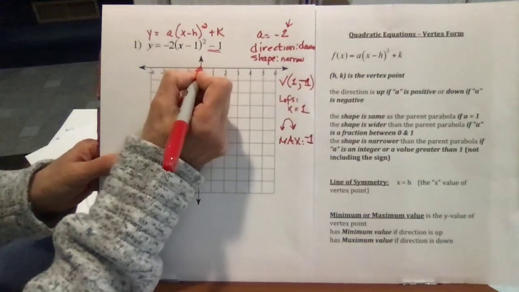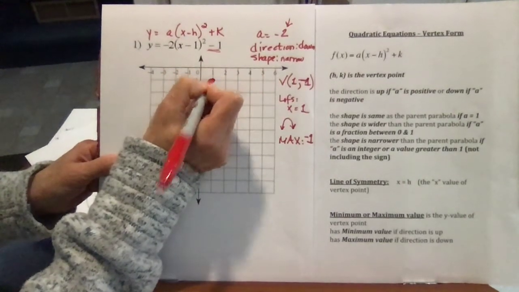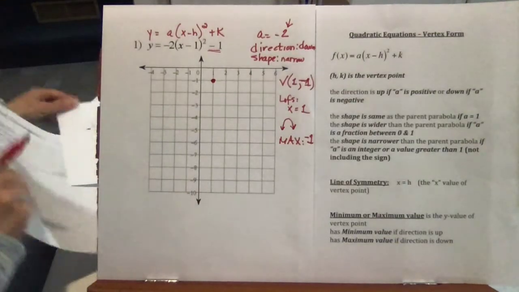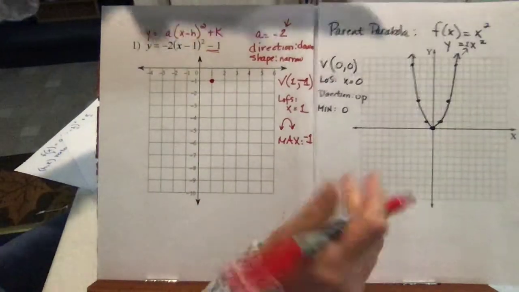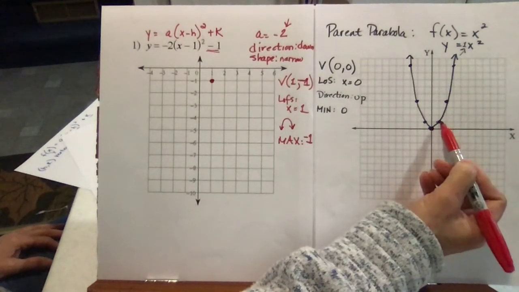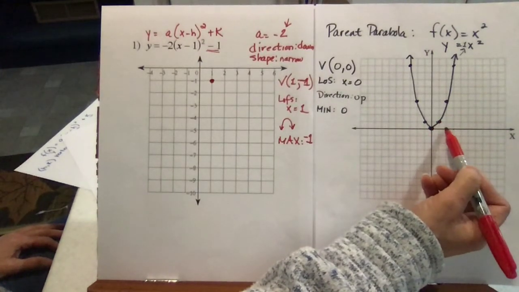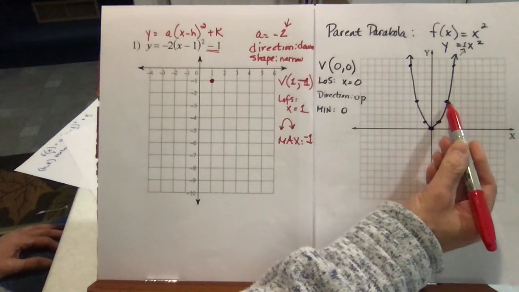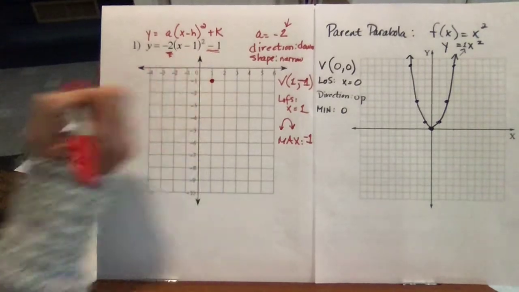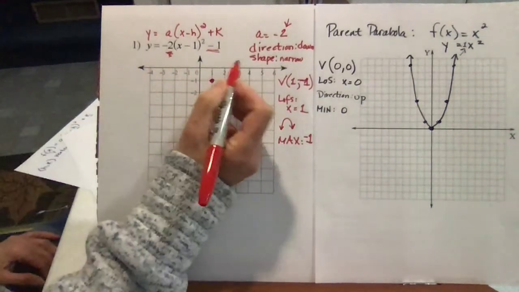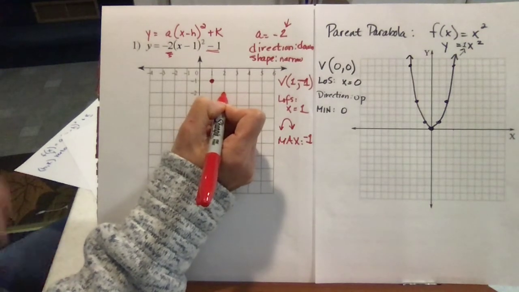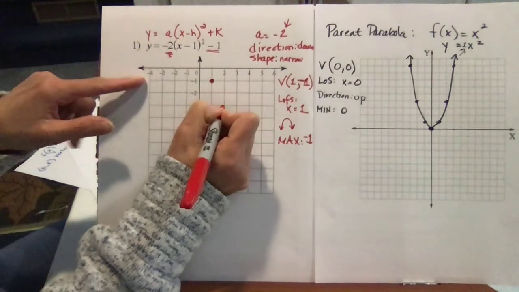Our vertex is at 1, -1, so it starts here. Now, let's take our parent parabola again. Our parent parabola says move 1 to the right and go up or down 1, depending on direction. Move 2, move up or down 4. Well, we're going down, but this says go twice the amount we would go for the parent. We always move 1 away from x, and we typically go down 1, but this says go twice that amount, so we go down 2.